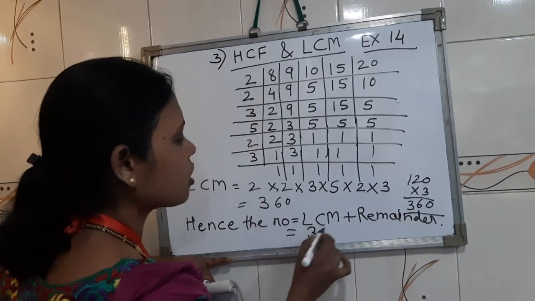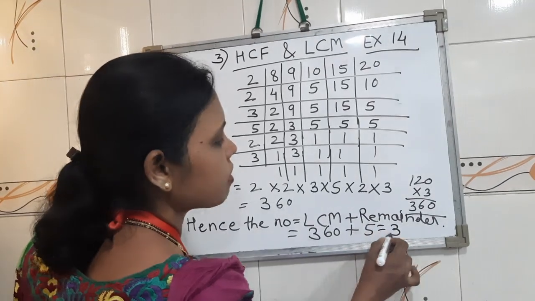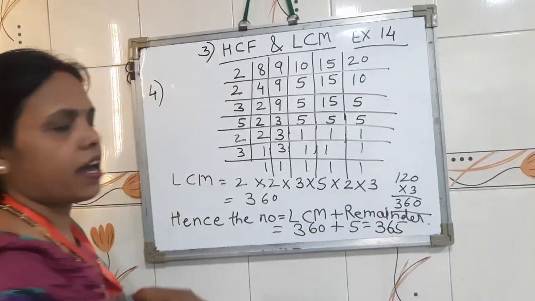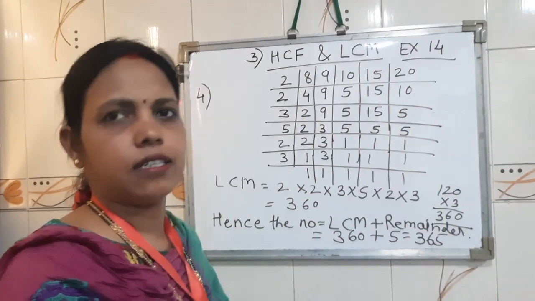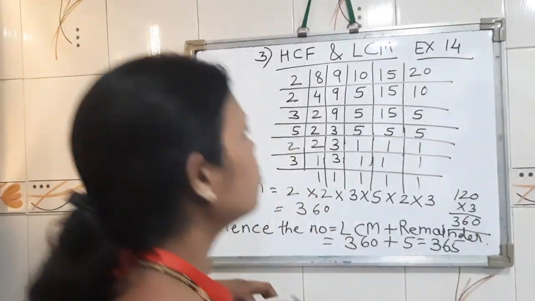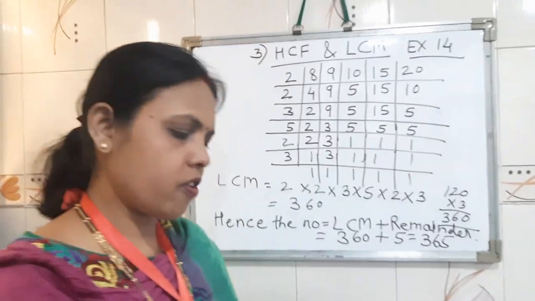Then the LCM you got is 360, the remainder is 5. That's why your answer will be 365. I hope you all got this answer.